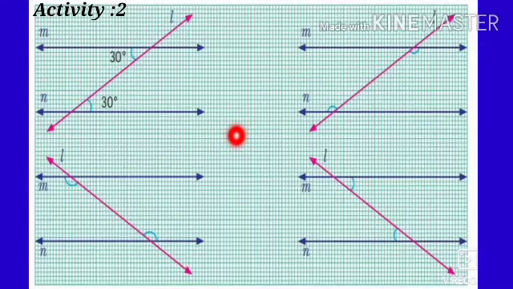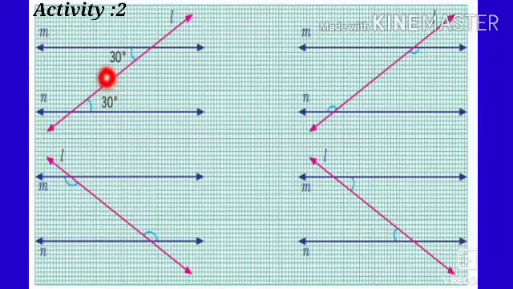Alternate interior angles are two angles in the interior of the figure on opposite sides of the transversal. So here 30 degree and 30 degree are alternate interior angles, both lying in the interior between the parallel lines and on alternate, that means opposite, sides of the transversal.